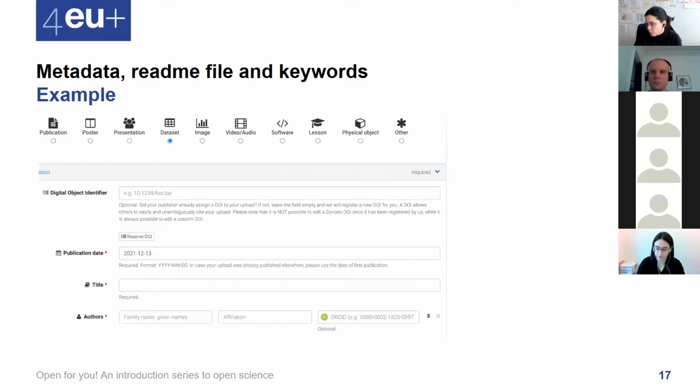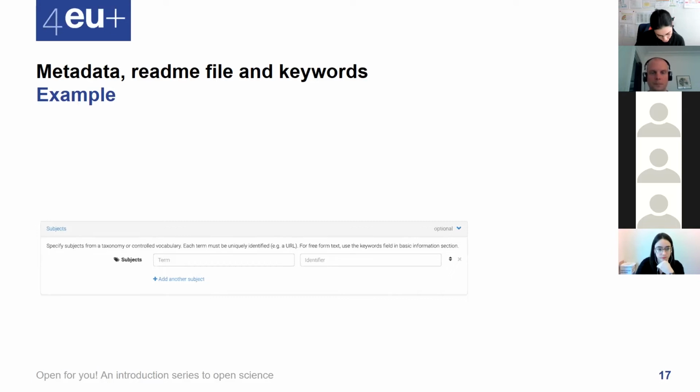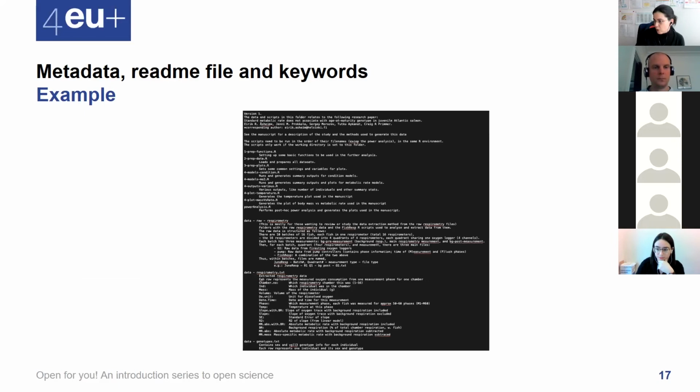So here is an example of metadata fields to fill in a repository, and an example for the keywords. So the metadata issue is very simple for you if you deposit the data in a repository. And then you can also attach a README file to your deposit.